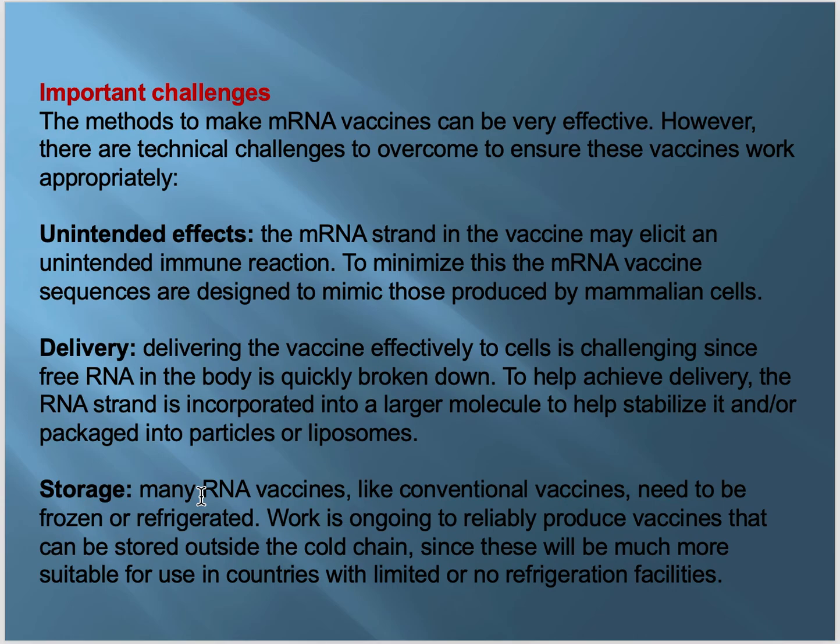However, scientists are trying to produce a stable RNA vaccine which can be stored at, for example, room temperature, so the cold chain would not be necessary. We hope that soon scientists will be able to produce this kind of RNA vaccine which can be stored at room temperature.